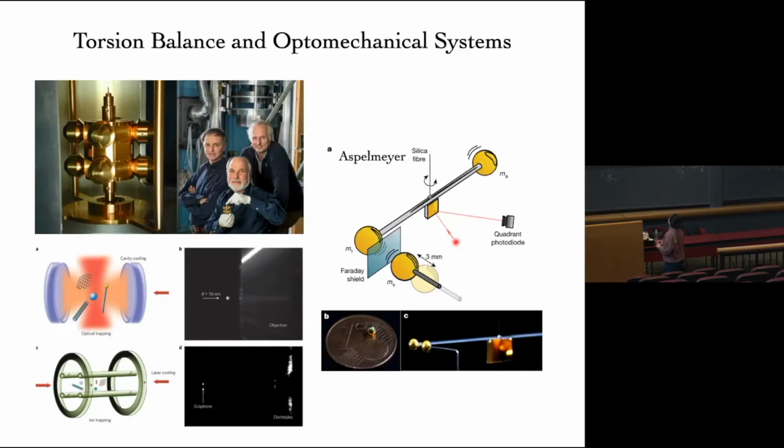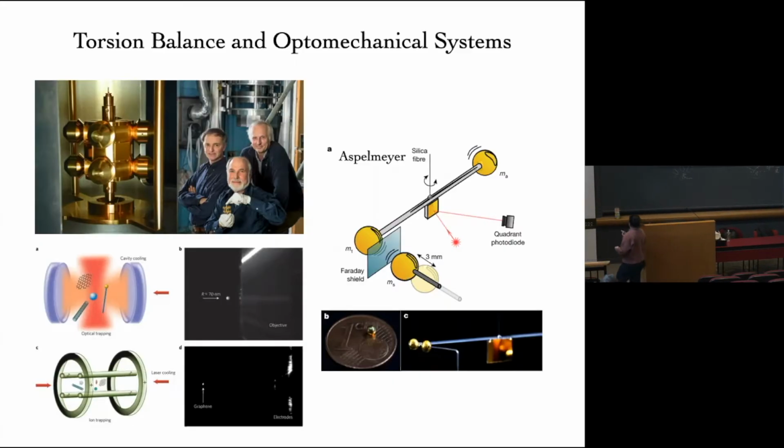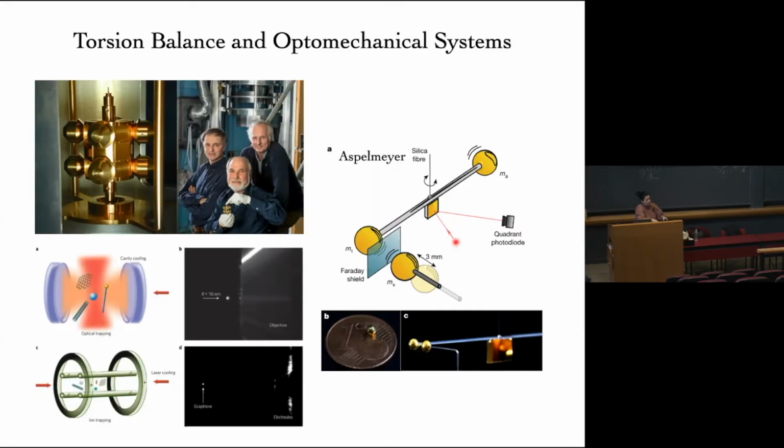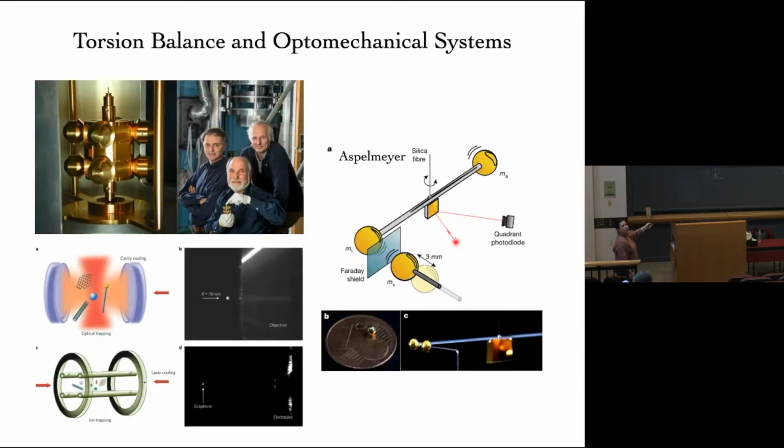There are 2 main types, and you see 3 pictures here of those experiments. The one that has been extremely successful so far in detecting tiny forces is the torsion balance, okay? It's basically what I've drawn here, where you have 2 pieces of different matter connected by a stick. Of course, as you can see here, this is a bit more elaborate.